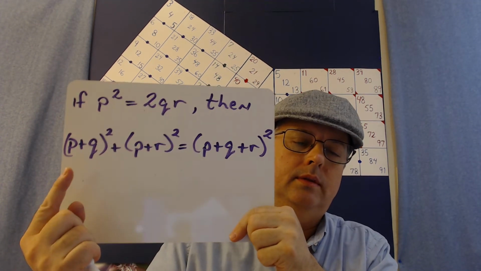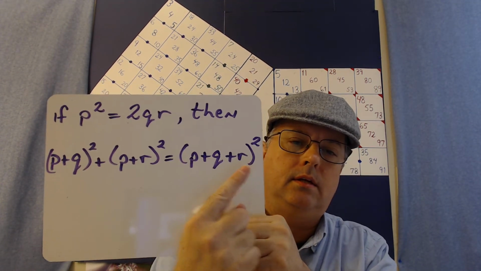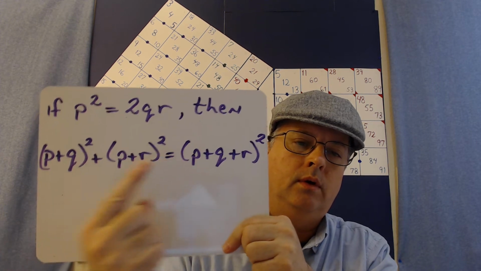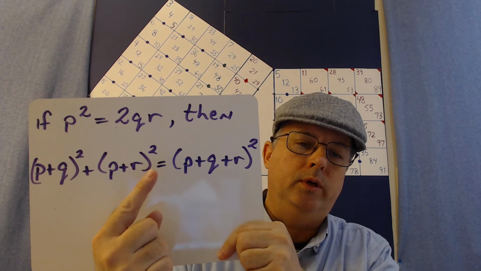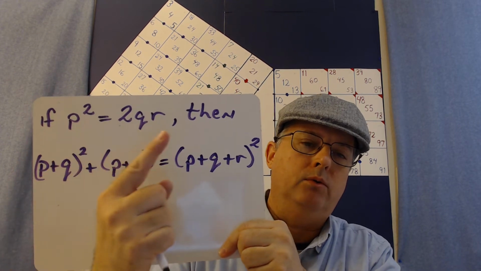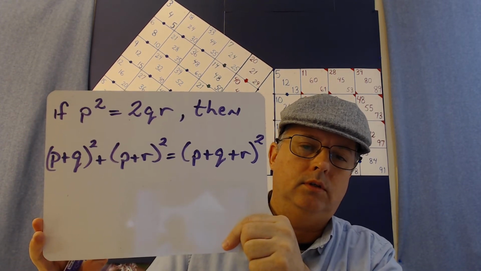Okay, so the expansions for this side, the left-hand side and the right-hand side, are equal to each other if p squared equals 2qr, as we just discussed.